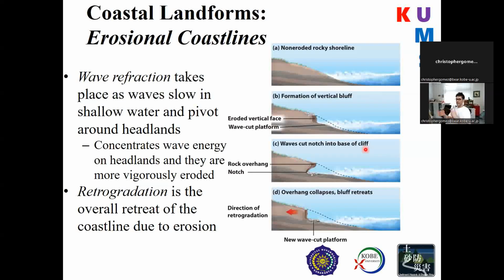So these kinds of processes move the coastline. And if you have an eroding coastline, which is going to get rid of that extra material underneath, then the coast will retreat progressively.